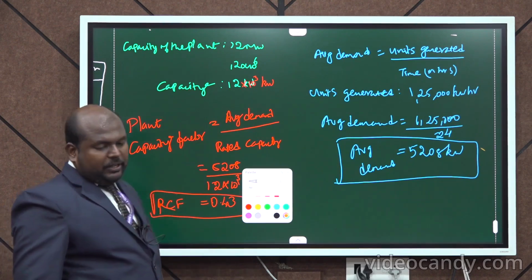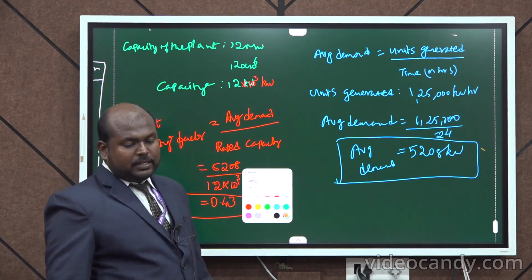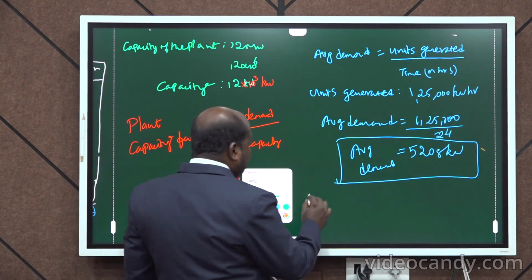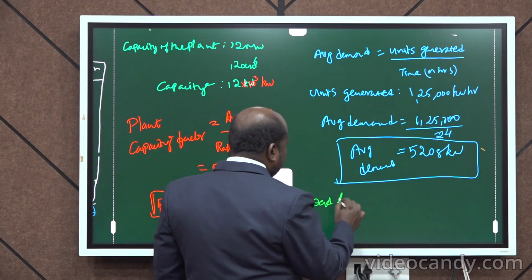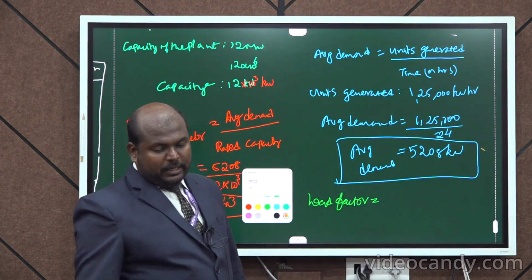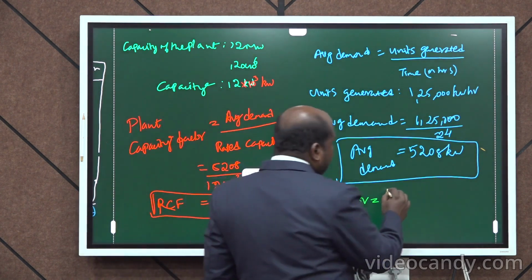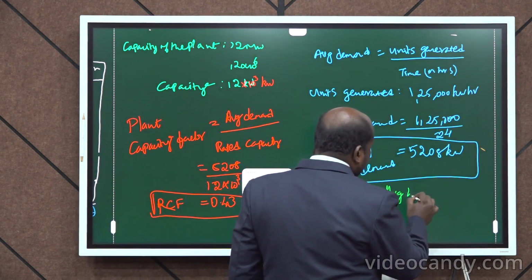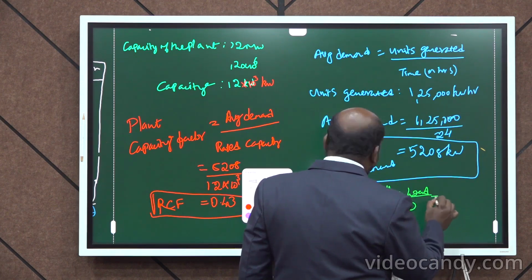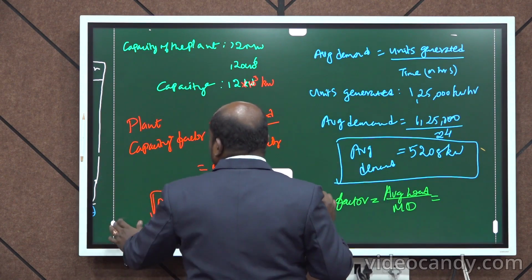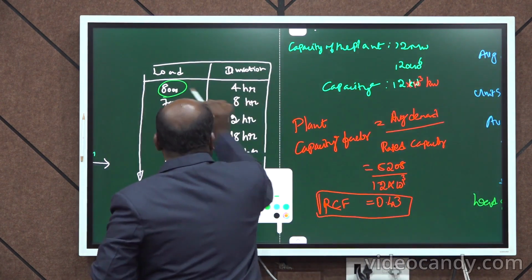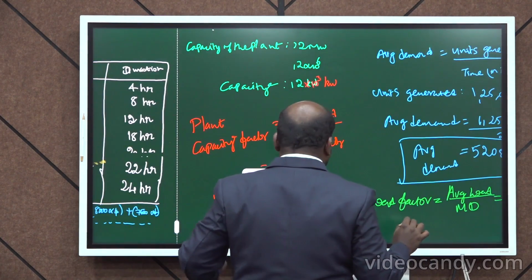Yet another factor we are going to obtain here is the load factor. So we have a formula now for load factor. Load factor is nothing but the average load divided by the maximum demand. The maximum demand for the period is 8000.